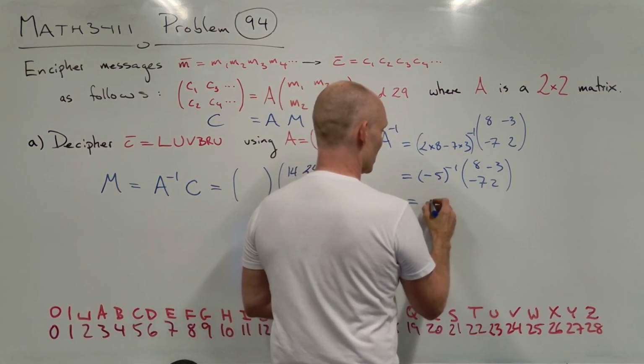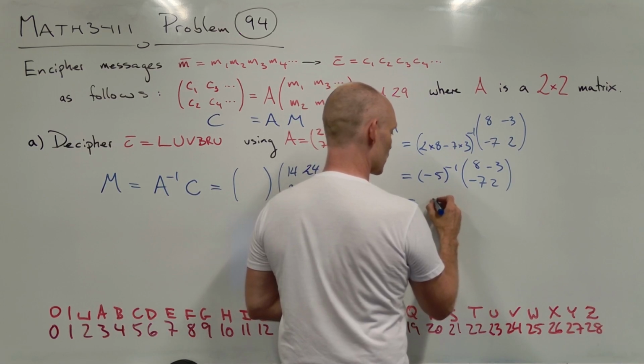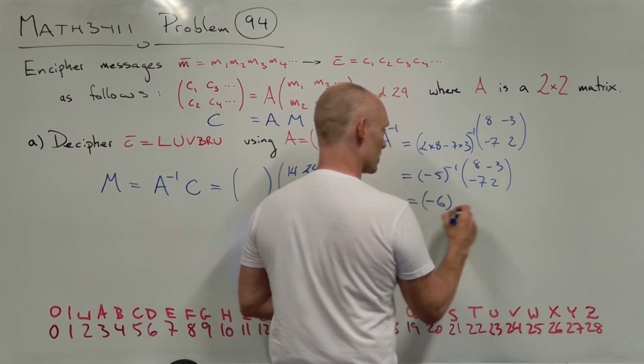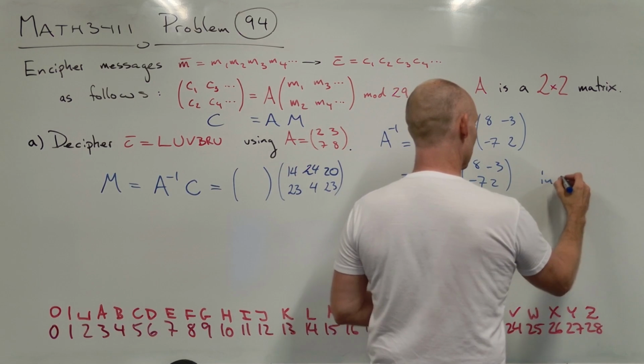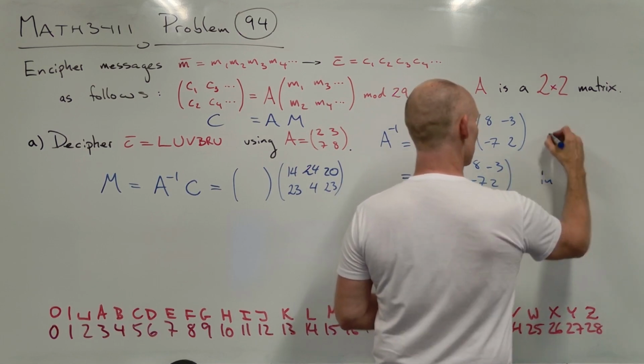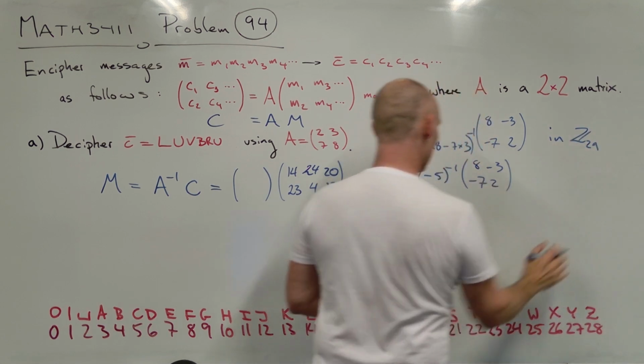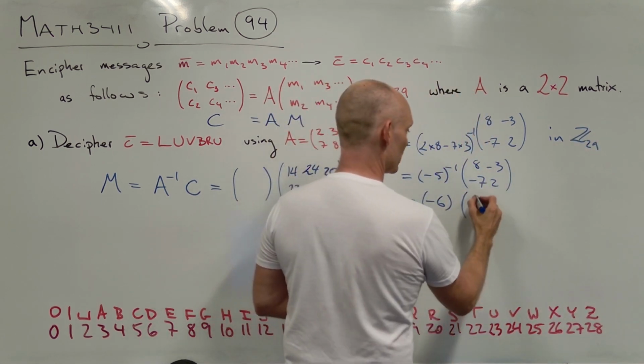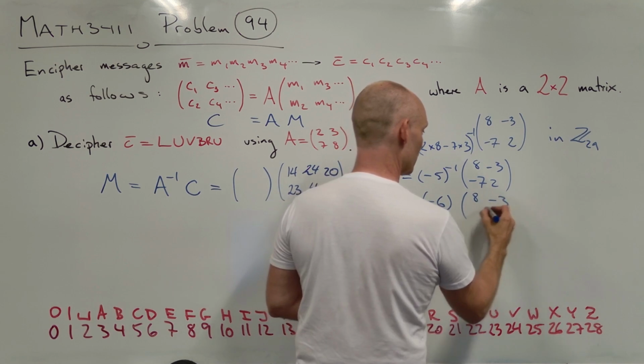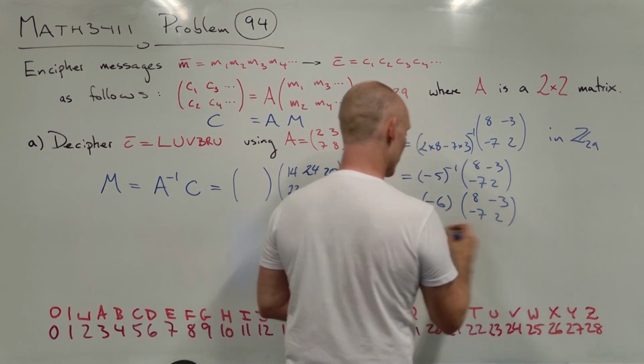So this is minus 6. And here I should say all of this is in Z29. And yep, here we go, 8, minus 3, minus 7, 2.